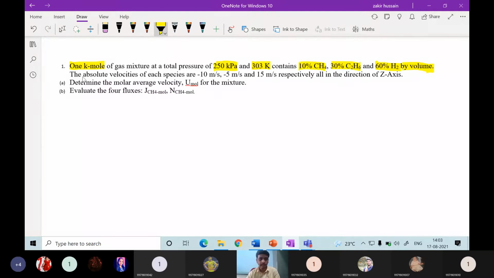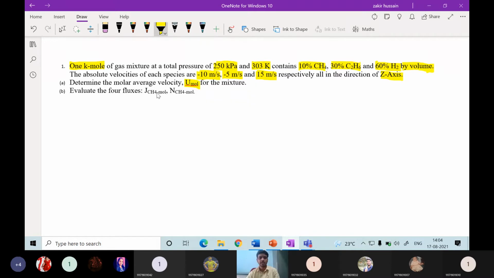These are the given data: the absolute velocities of each species. CH4 velocity is minus 10 meters per second, C2H6 is minus 5 meters per second, and H2 is positive 15 meters per second, respectively, in the direction of the Z axis. The mass transfer is taking place in the Z direction. Then determine the molar average velocity u mole for the mixture.